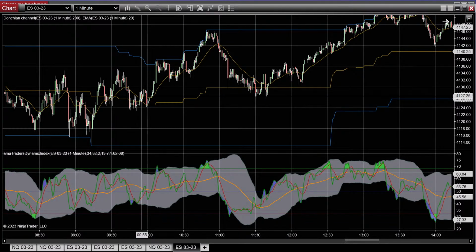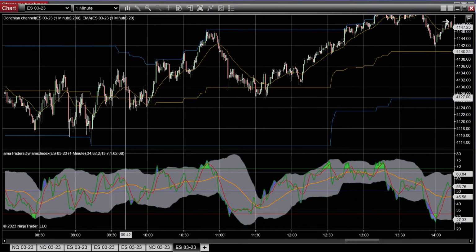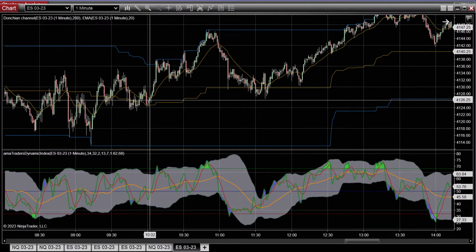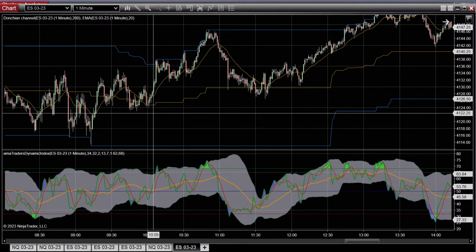Because I can basically say at any point in time, price is below the mean of the Donchian and the EMA is above the mean, and you can immediately picture in your head what market state we're in. And now all we need is a trigger, and we also need to know what will invalidate that market state. And it's pretty obvious here.